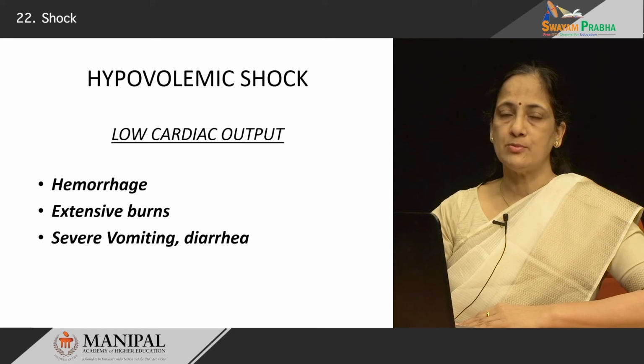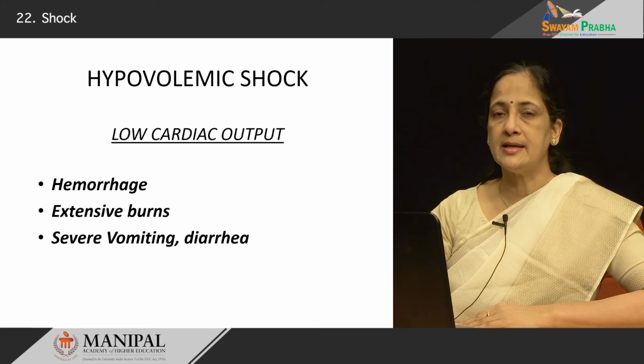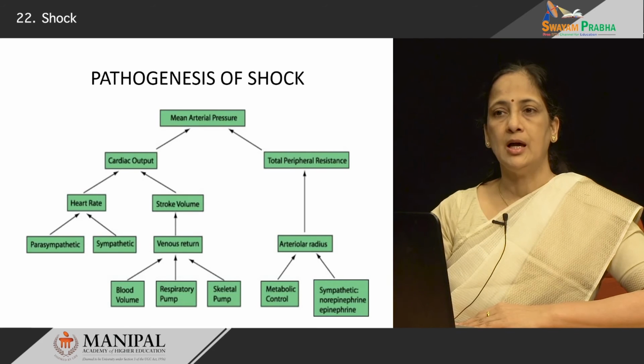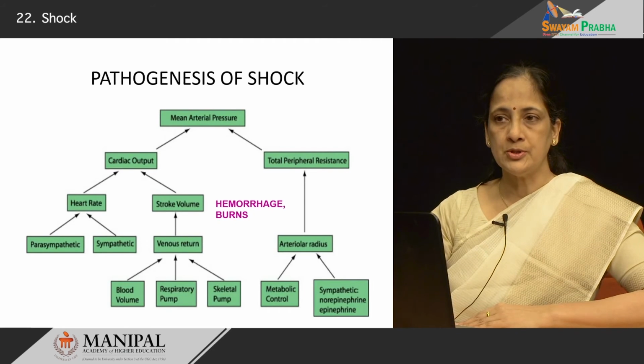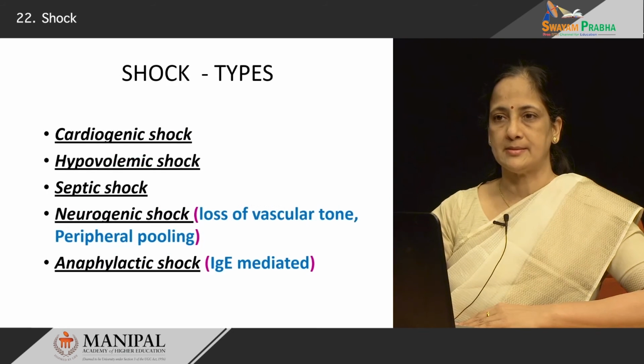All these patients will have a net decrease in the intravascular fluid volume and therefore will have low cardiac output because the stroke volume will come down and therefore the cardiac output drops and therefore arterial pressure drops and so on with the pathogenic mechanism.